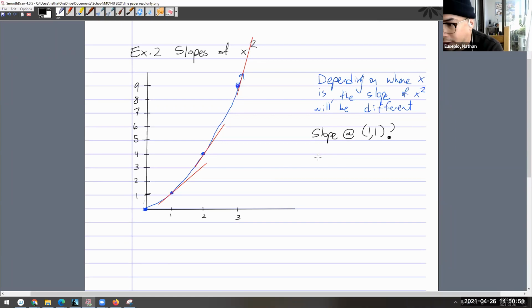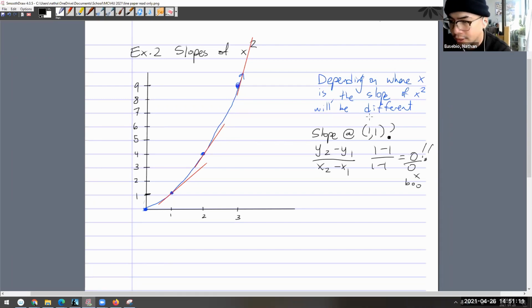If I go y2 minus y1 over x2 minus x1 and use the exact same point twice, that's not allowed, because you end up with 0 over 0. You're dividing by 0. So we're stuck.